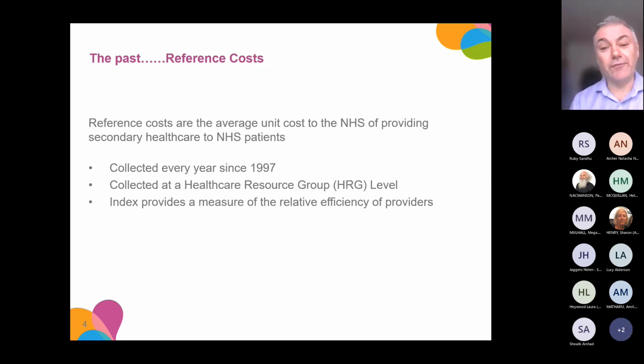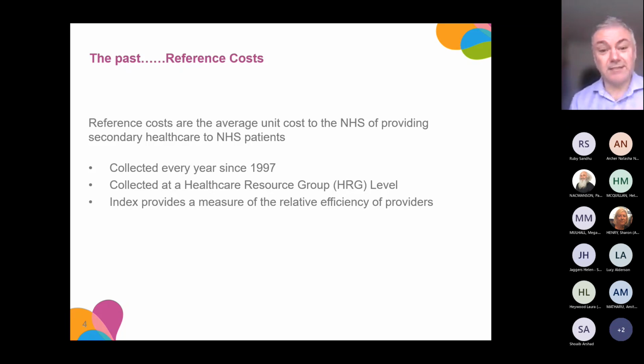And you can drill down, that's a trust level one. You can look at the index by specialty, so you could look at, say, cardiology. Even though our trust is 97, we've got some specialties that are well above the 100 mark, and we've got some that are below the 100 mark. These are based on the national average, so obviously you're going to have some winners and losers.